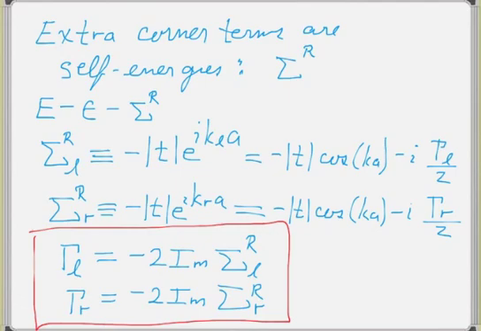And so that's what these imaginary terms are taking into account in the corners, and they only show up on the corners because that's where you couple to the leads. So if an electron moves to the corner, there's a finite lifetime. It represents leaking out into the left or right lead.